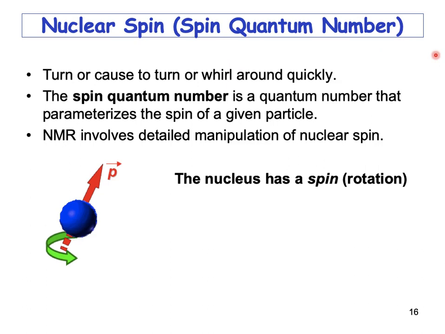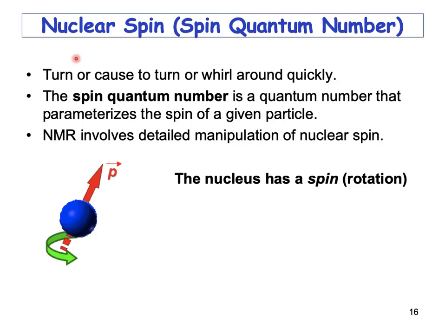There are four types of quantum numbers. Number one is the principal quantum number. Number two is the azimuthal quantum number. Number three is the magnetic quantum number, and the fourth one is the spin quantum number. These quantum numbers give information about the structure of the atom. So what is nuclear spin?